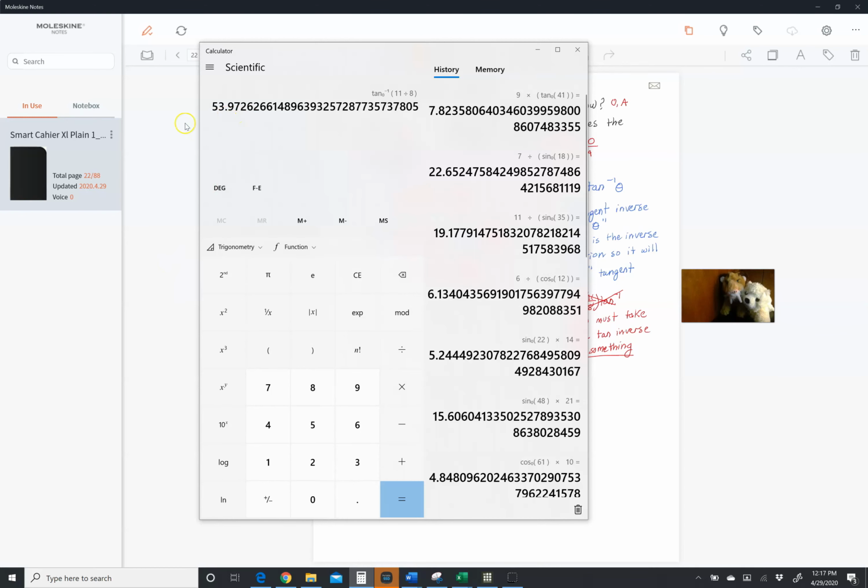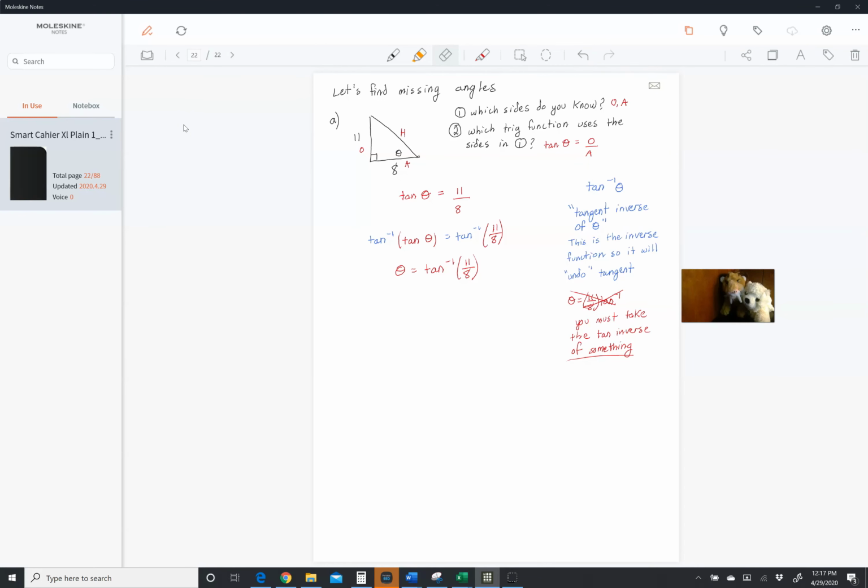And I get 53.97. And that's in degrees. This is over 45 degrees, so our opposite should be larger than our adjacent, and that's the case, okay? When theta is over 45 degrees, the opposite will be bigger than the adjacent.